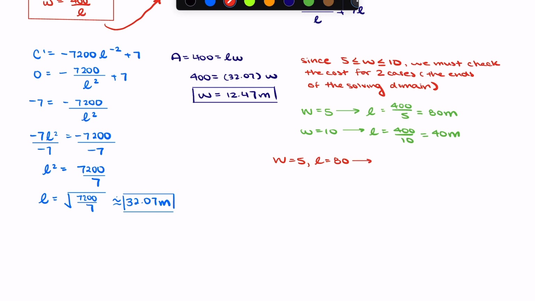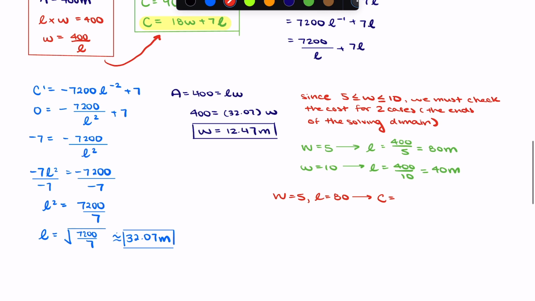Here we see that cost will be equal to 18 times 5 plus 7 times 80, which is equal to 650.